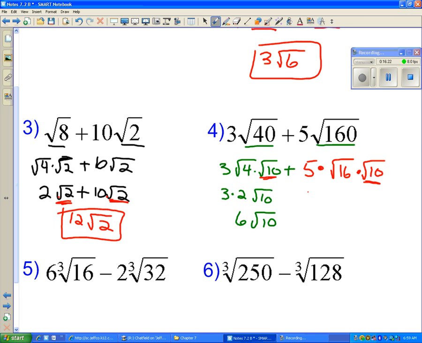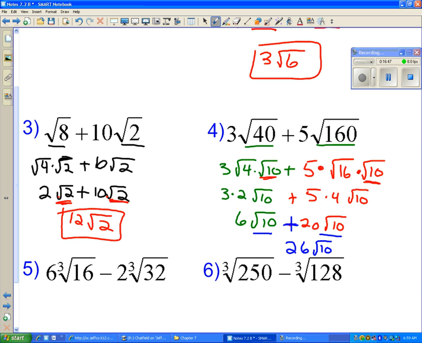So the square root of 16 is 4, so 4 square root 10. 4 times 5 is 20 square root 10. So now I have the same square root, square root 10 and square root 10. This is addition in the middle, excuse me. 6 square root 10 plus 20 square root 10 is 26 square root 10.